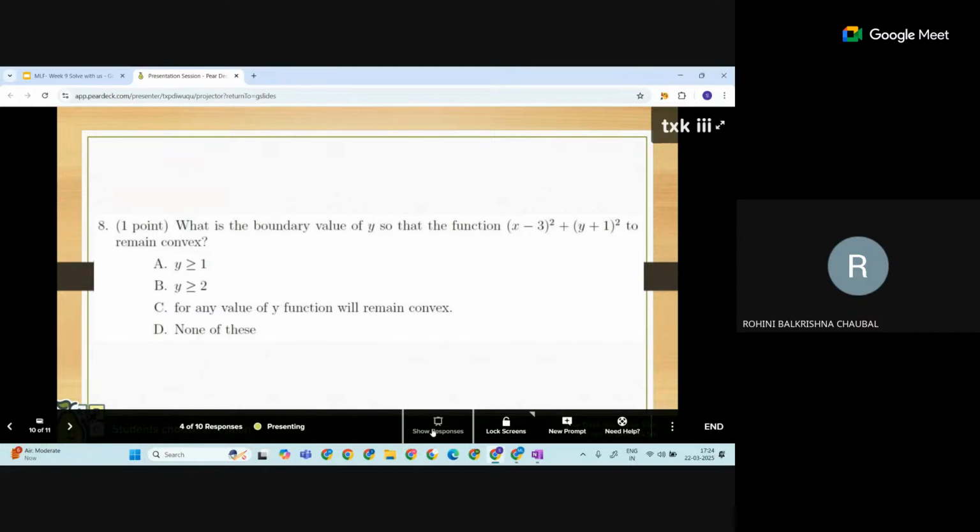In sum of square terms, if it is positive, it's convex. That's the thumb rule. For any value of x and y, the given function will always come up with a positive value only.